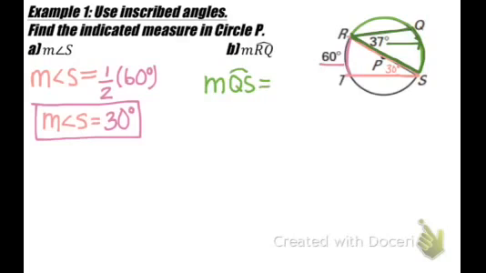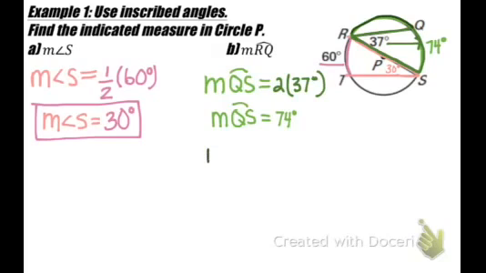So the measure of arc QS is equal to 2 times the measure of its inscribed angle. So the measure of QS is equal to 74 degrees. So I'm going to fill in 74 degrees on my diagram, and now remembering that it's part of a semicircle, I'm going to use 180 degrees and subtract 74 degrees to find what's remaining. So 180 minus 74 is 106, so that means the measure of arc RQ is 106 degrees.